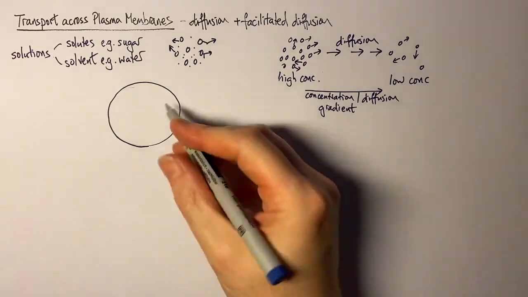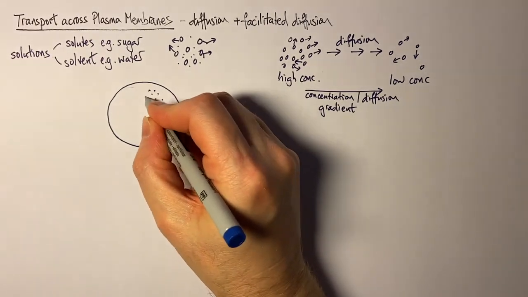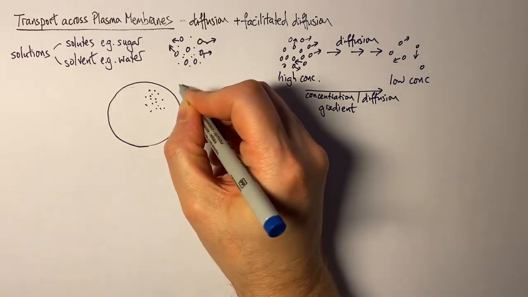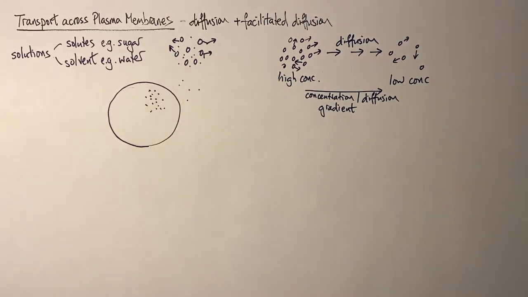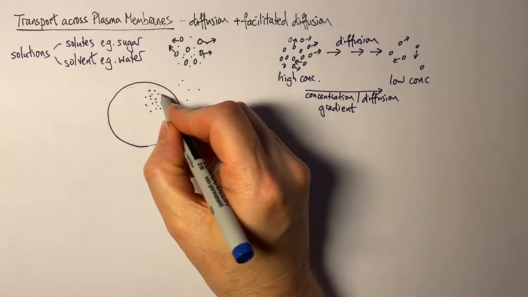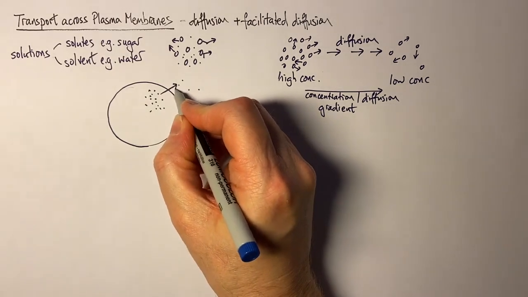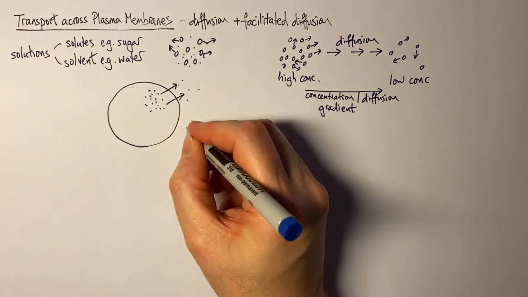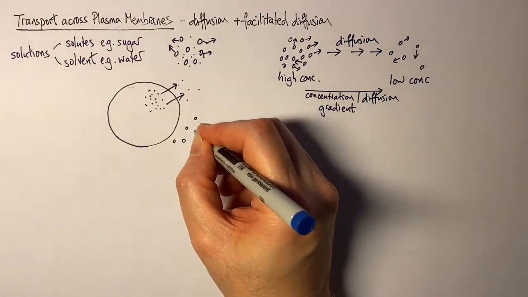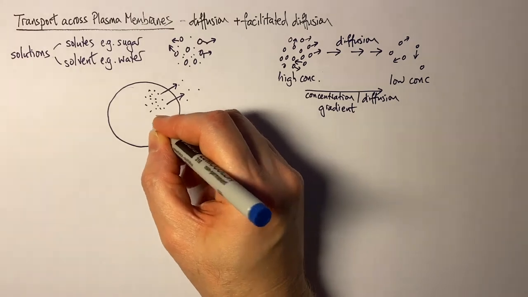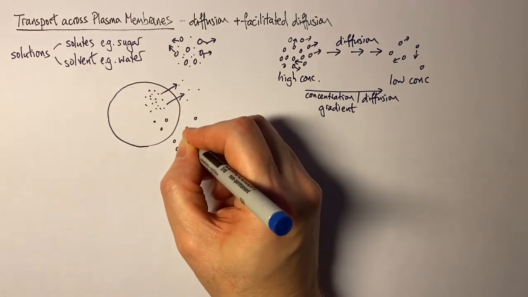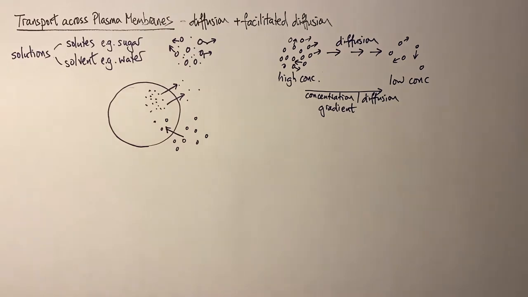And that plasma membrane, if we have some molecules in here and some out here, may allow some substances to pass through, but may not allow other substances to pass through. So these might be able to diffuse out. And these molecules, because they're in a higher concentration outside than inside, can diffuse in.